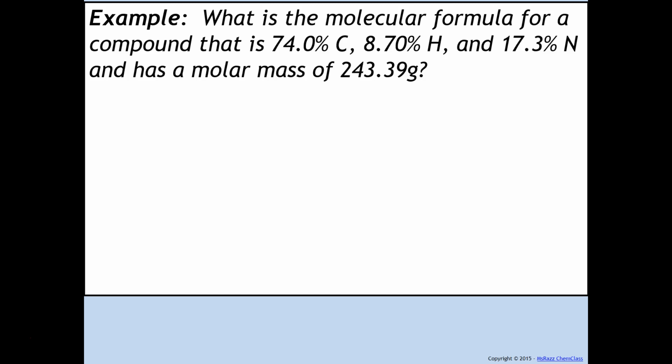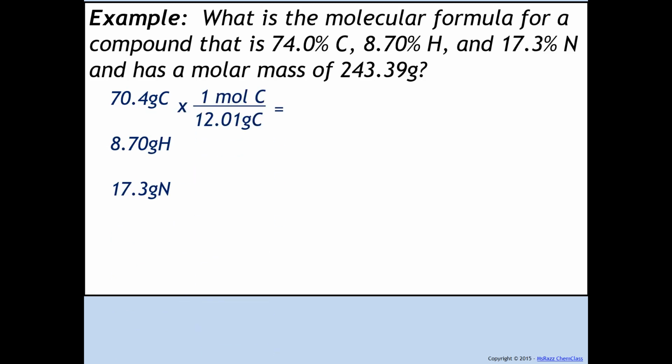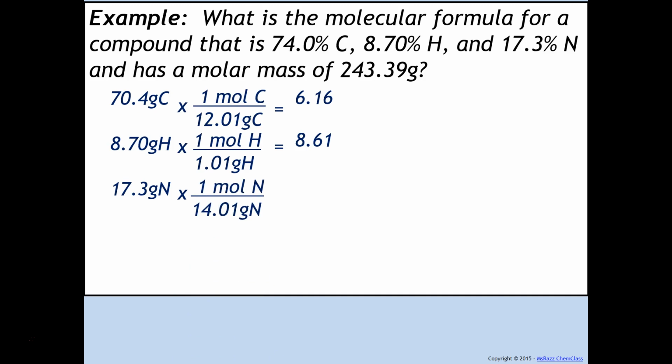The first step is to calculate the empirical formula. So we're going to follow the poem: percent to mass, mass to moles, and the next step is to divide by small. 1.23 is the smallest mole answer.